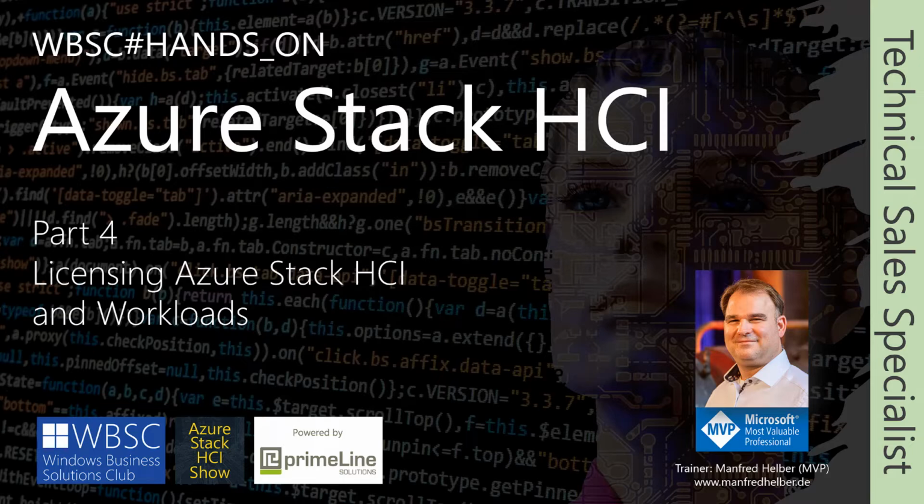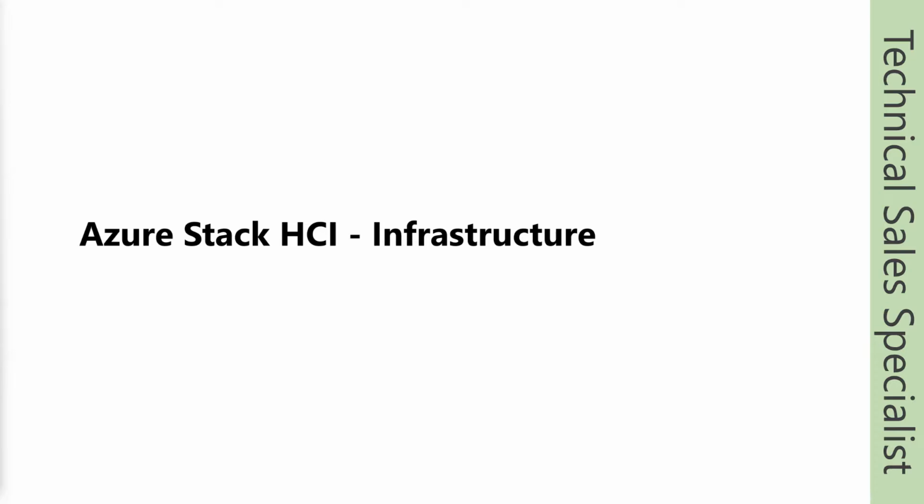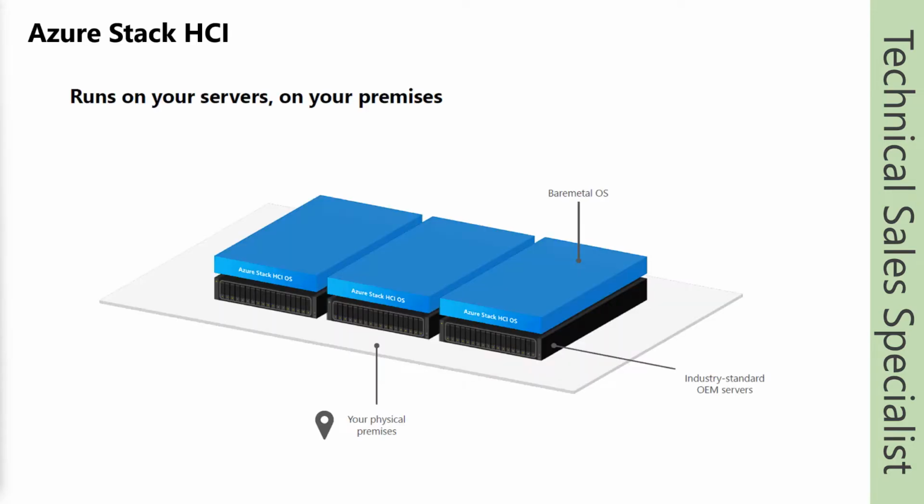In this module, we will talk about how to license Azure Stack HCI and workloads on Azure Stack HCI. When we look at what we have learned in our previous modules, the Azure Stack HCI infrastructure is an operating system installed on your on-premises hardware. So it's a bare metal OS. It runs on certified industry standard OEM servers.